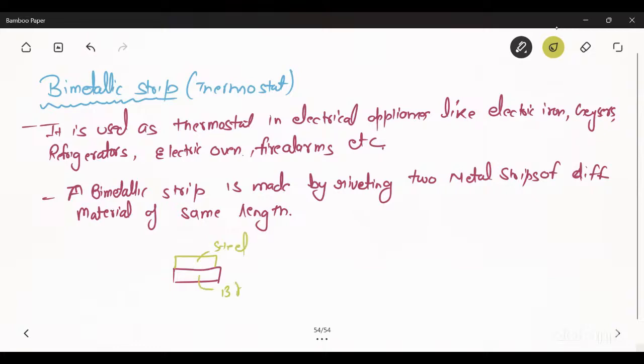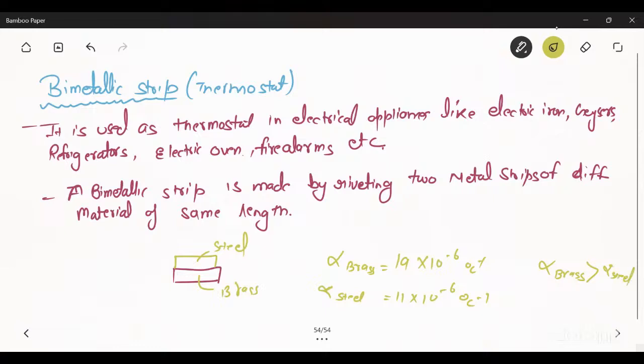What will happen in this? The alpha of brass, that means the coefficient of linear expansion of brass, is 19 into 10 to the power minus 6 per degree Celsius, and the alpha of steel is 11 into 10 to the power minus 6 per degree Celsius. On comparing, alpha of brass is greater than alpha of steel.